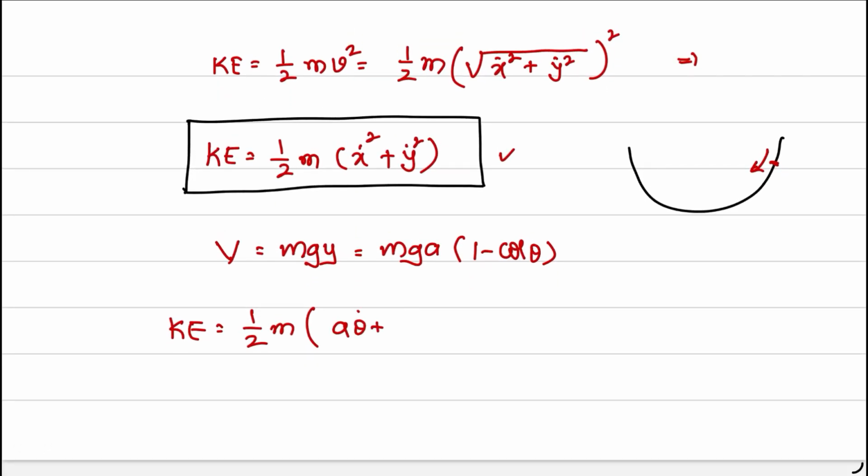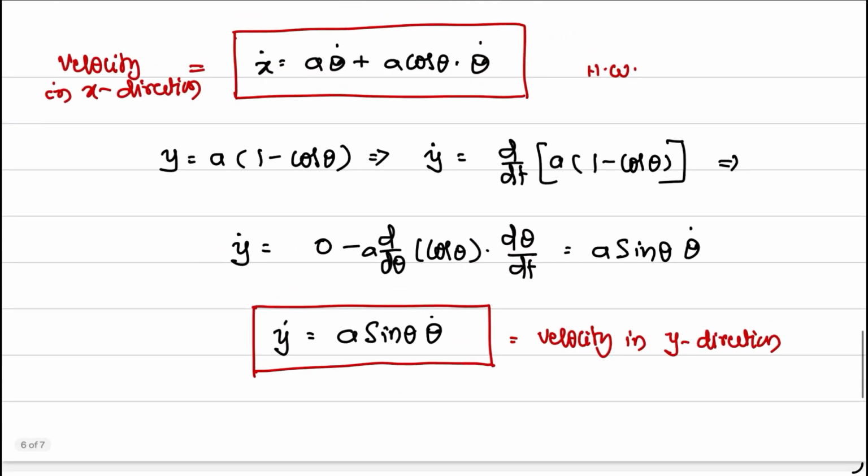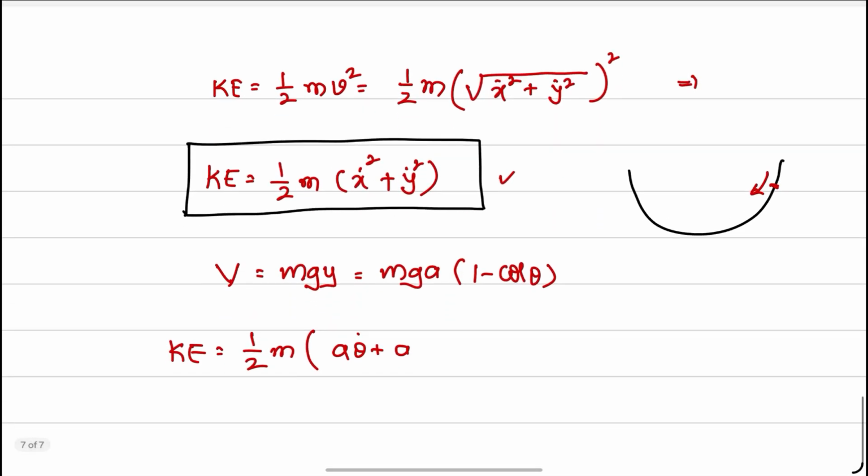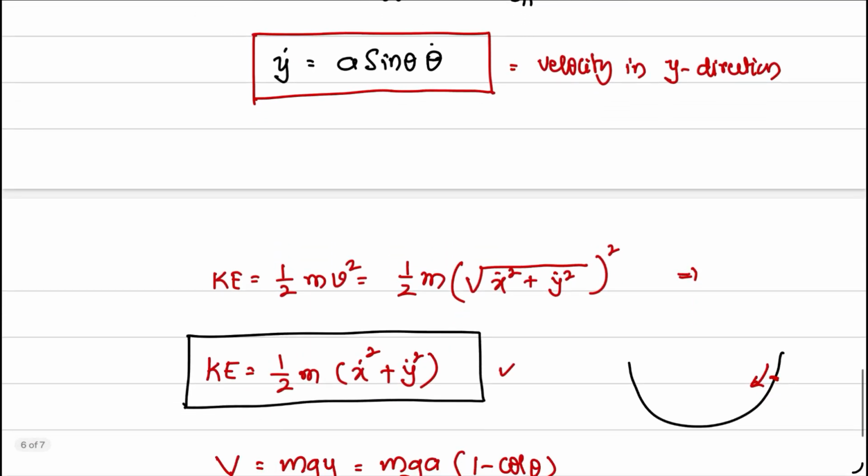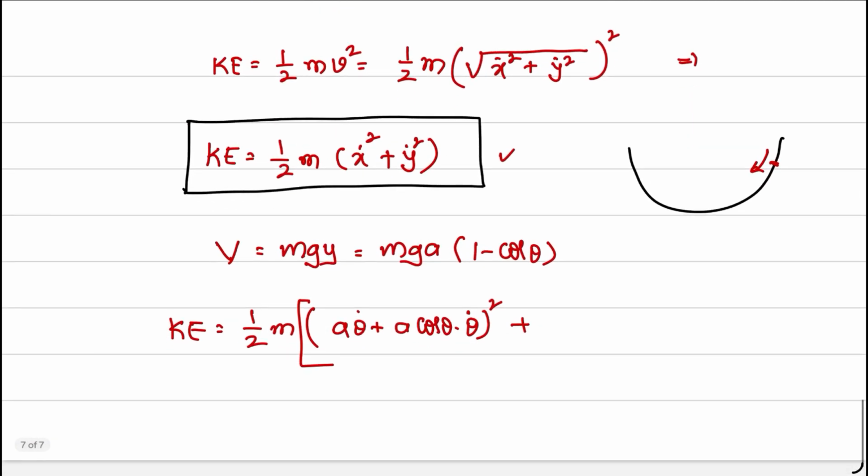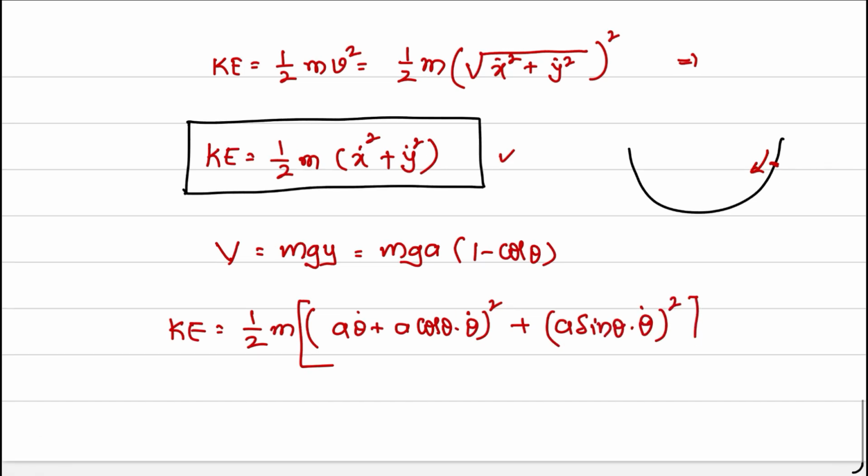A theta dot plus a cos theta theta dot. These are all simple mathematical equations. Y dot square is a sin theta theta dot. You just have to practice how to write this with a theta, that's all.